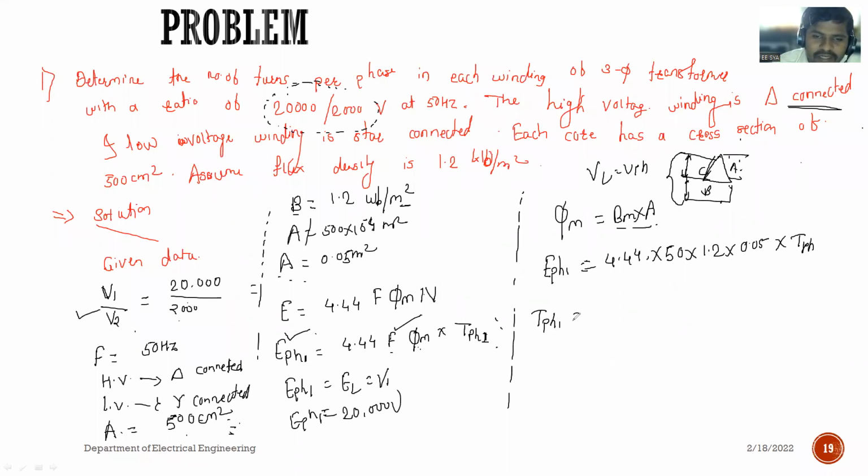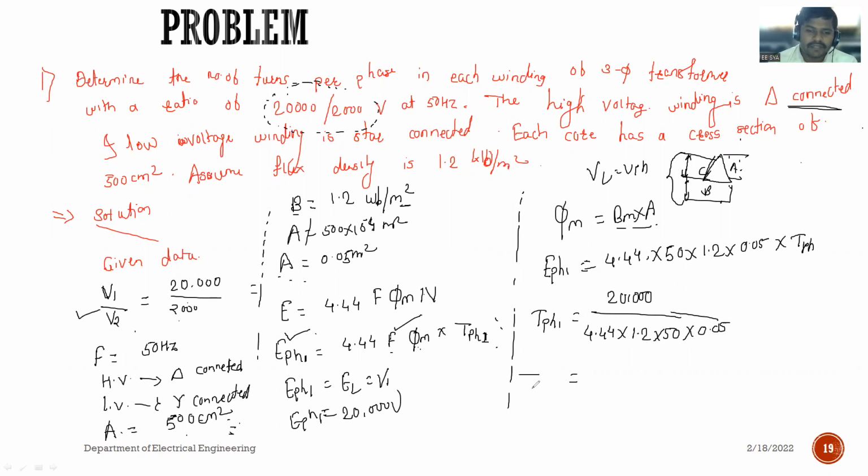So TPH1 it is equals to 20,000 divided by 4.44 into 1.2 into frequency 50 into area 0.05 meter square.